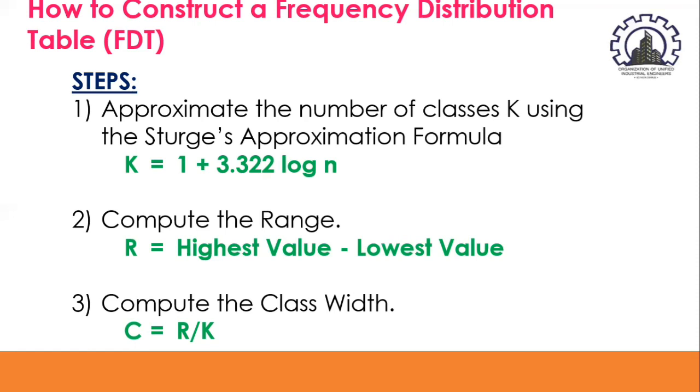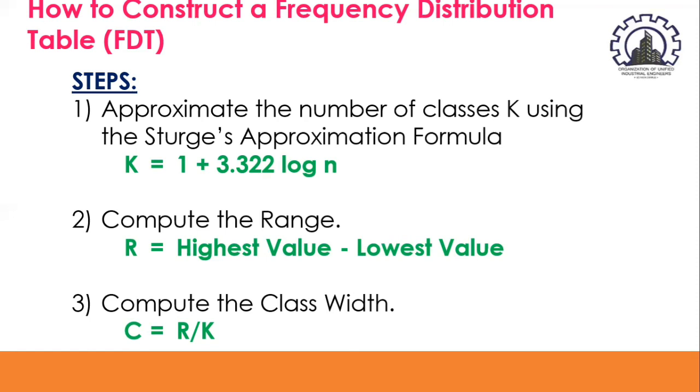And for the second step, you need to compute the range. So how do you do that? In your given raw data, let's say 30 raw data, and this data refers to the height of basketball players, all you need to do is get the highest value, or the highest height, minus the lowest value, or the lowest height of the basketball players.